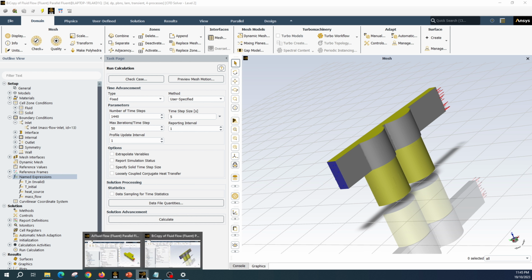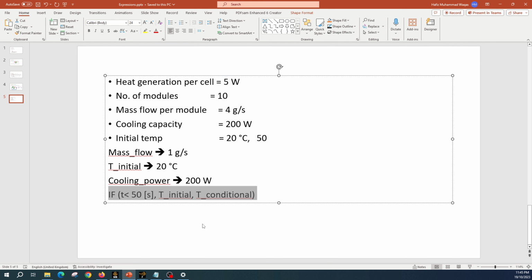Why I am calling it t conditional? First give me a second. Once I will define, then you can see why I am calling it t conditional. So what I said initially, that the temperature cannot go below 20 degree Celsius. Yes.